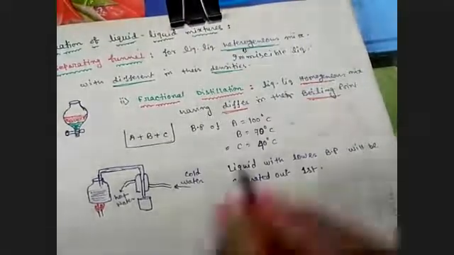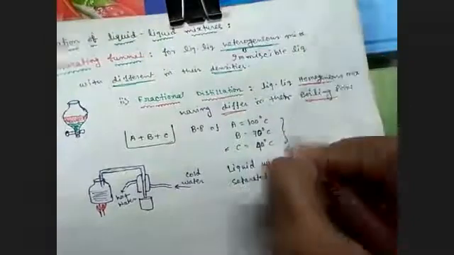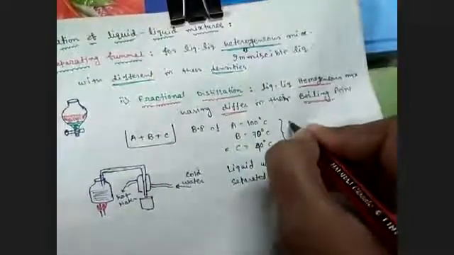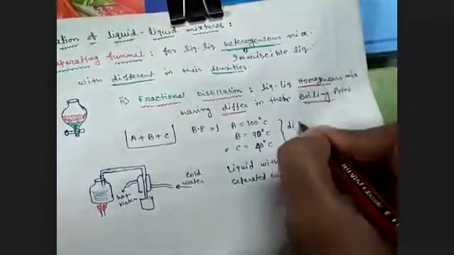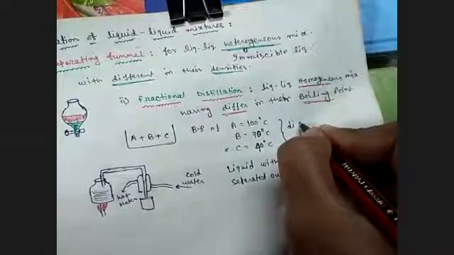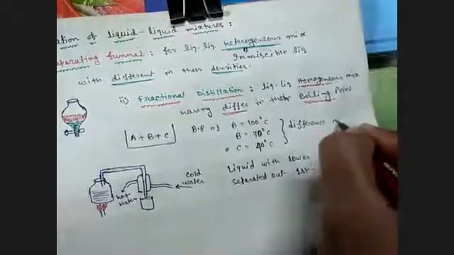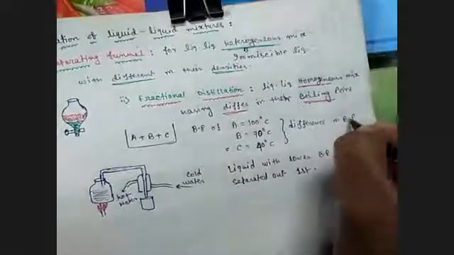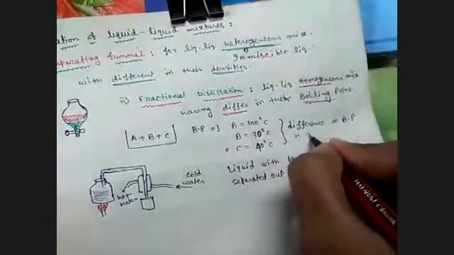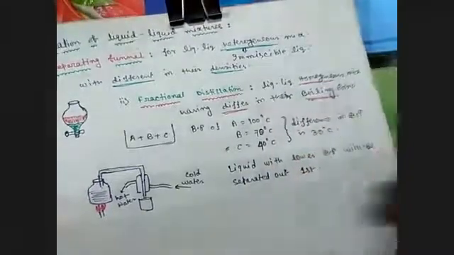And having the difference in boiling point 30 degrees. Difference in boiling point is 30 degrees Celsius.